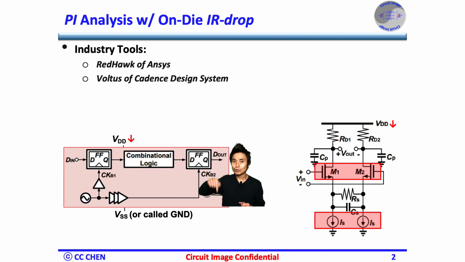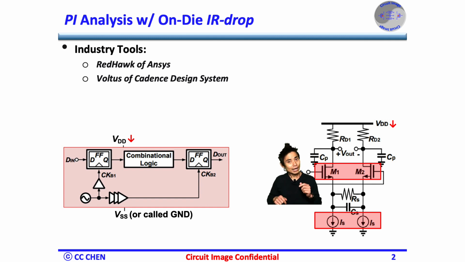Therefore, the low supply not only slows down the digital gates, but also degrades the headroom of any analog circuitry, such as amplifiers. To make sure both digital and analog circuits work properly as expected, we need to make sure the supply voltage doesn't get reduced to any unexpected value that breaks the digital timing or the analog behavior.